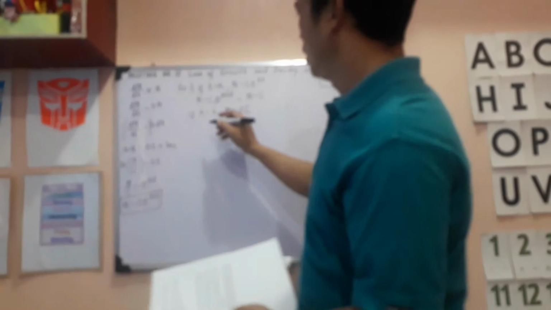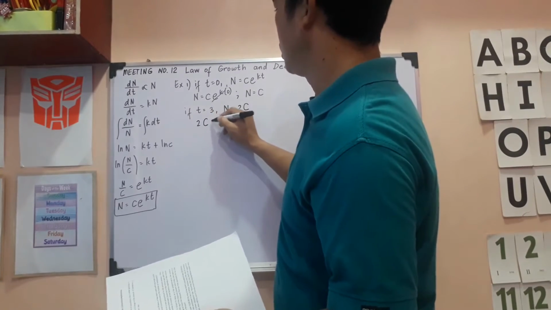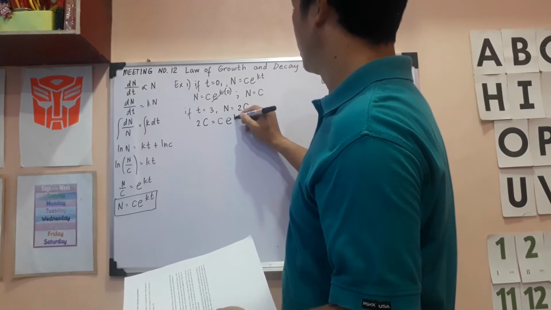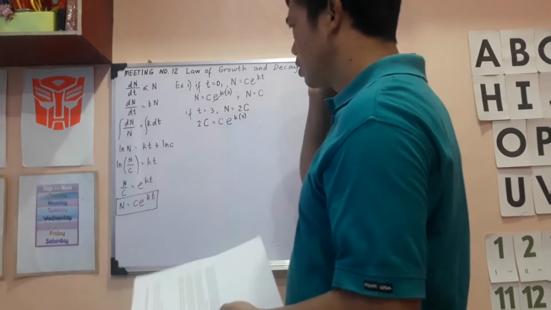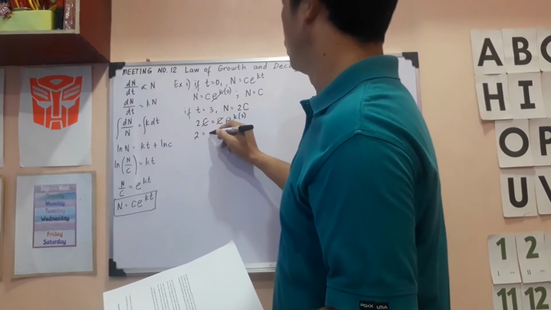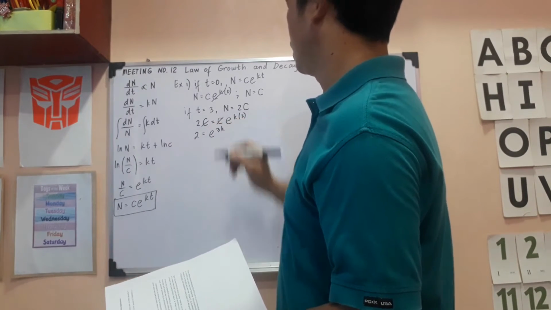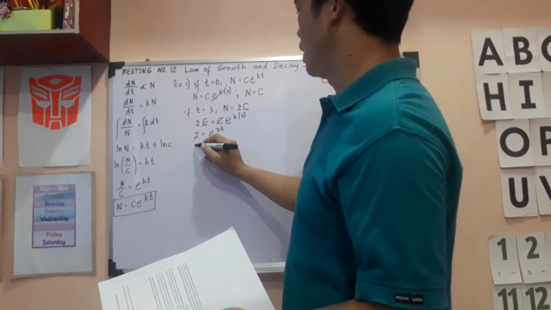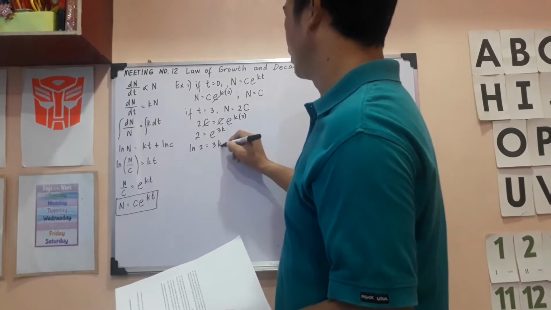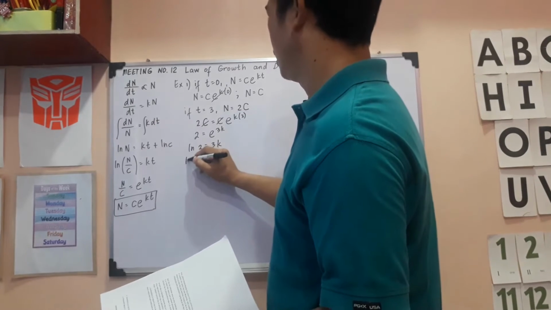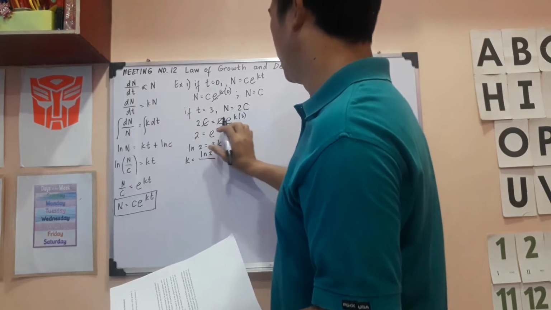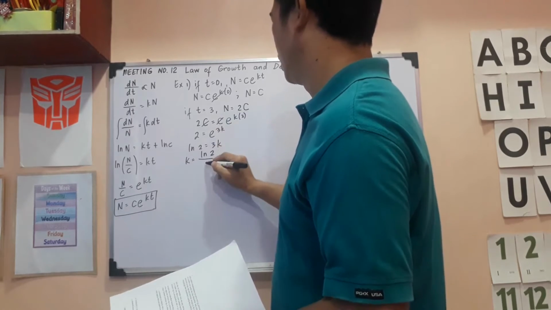So, 2C is equal to C e raised to k times 3. So, cancel the C. So, 2 is equal to e raised to 3k. So, if we take the ln, ln of 2 is equal to 3k. And k is equal to ln of 2 all over 3.